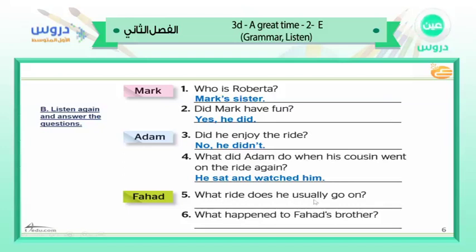What ride does he usually go on? The roller coaster. Exactly. Number 6. What happened to Fahad's brother? He got very wet. Exactly. Beautiful.